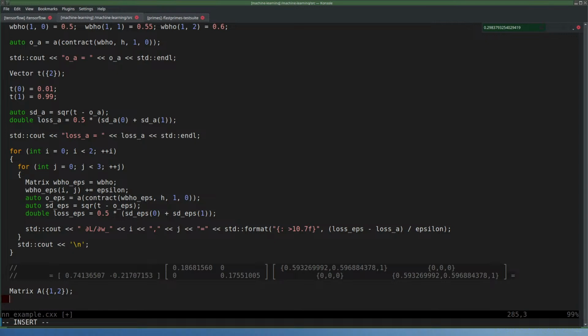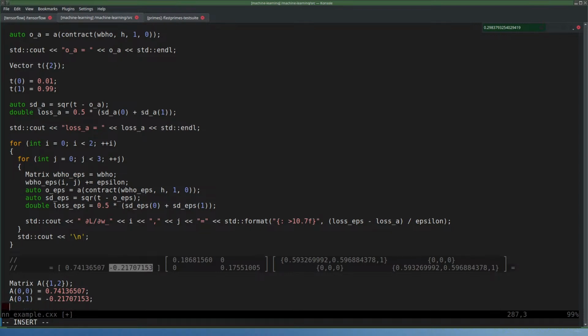And then you have to initialize it as follows. Row is always 0, and then of course column is 0. Is this value. And A 0, 1 is that value.